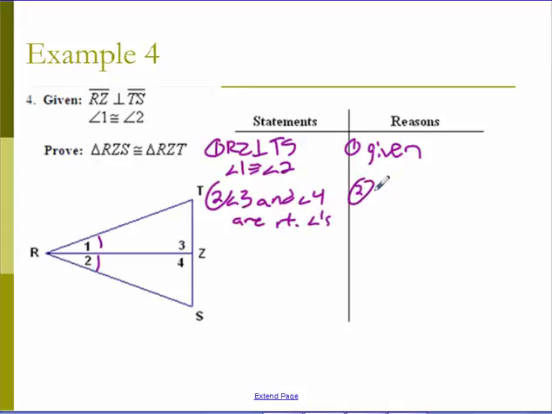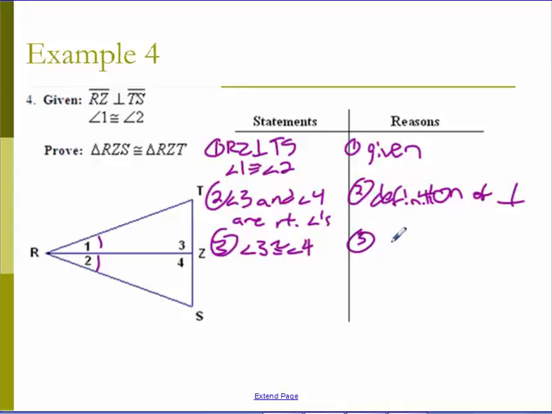They're right angles because definition of perpendicular. Now, since they're both right angles, I know they're congruent. Because all right angles are congruent.